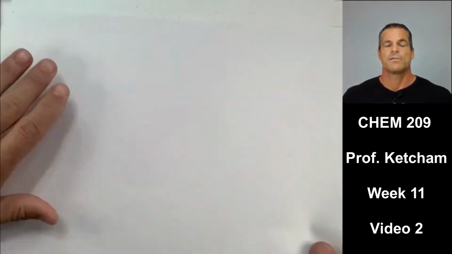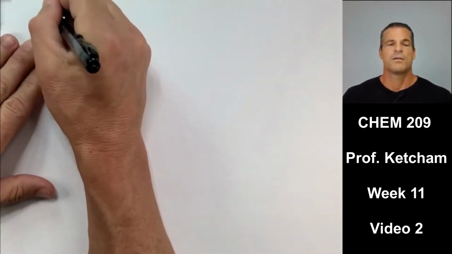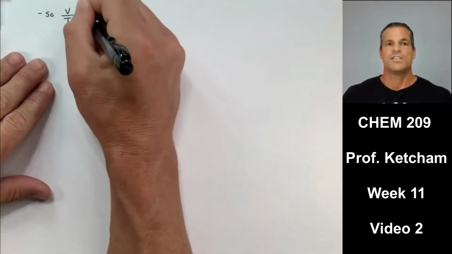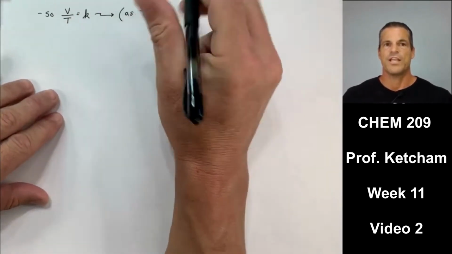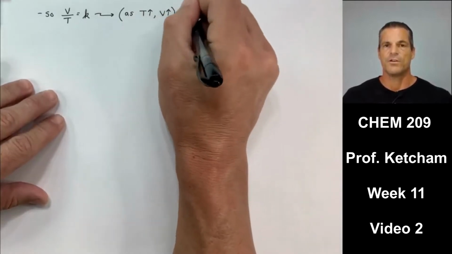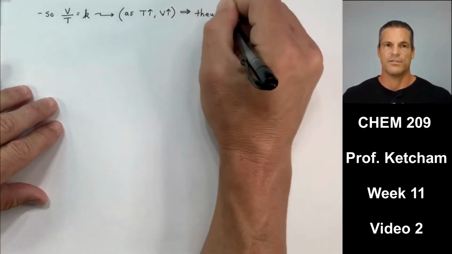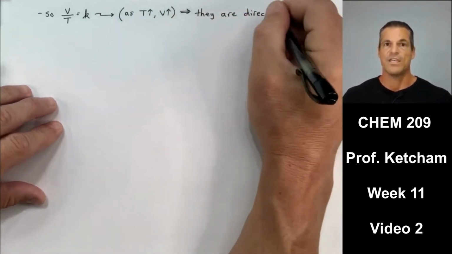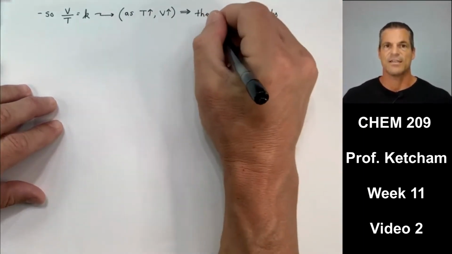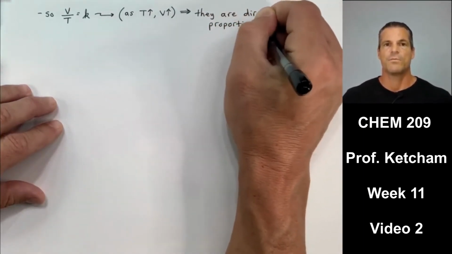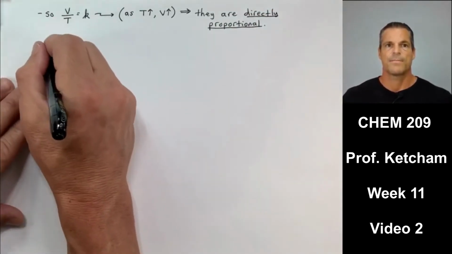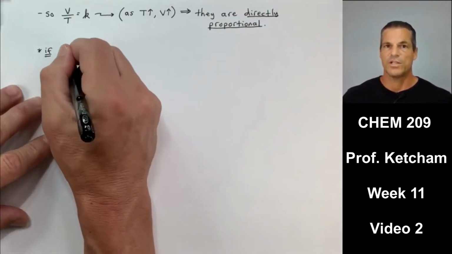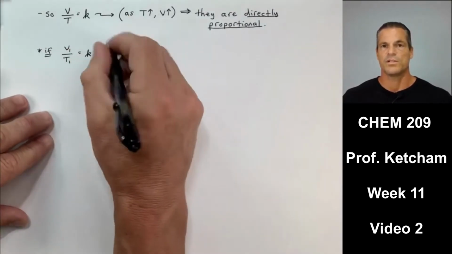So what can we say about Charles' law? Well, if V over T equals K, then as the temperature increases, the volume is also going to increase in order to keep the value equal to some constant K. So temperature and volume are directly proportional in this case.